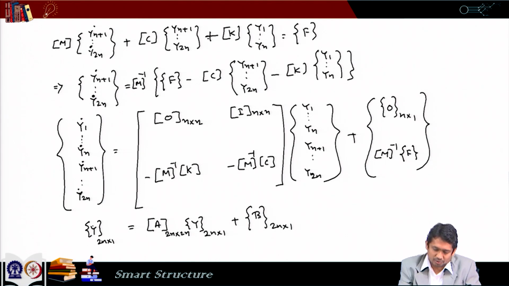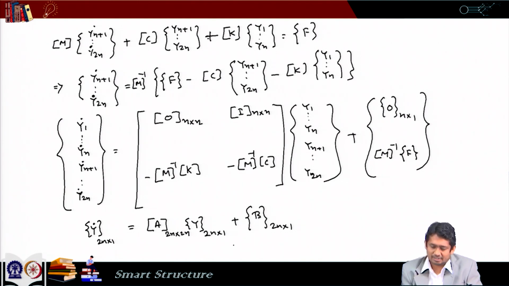So, this is a system of first order differential equations. So, we started with a system of second order differential equations, but the system size was n, there were n equations. After conversion we are getting a system of first order differential equations, but the size has doubled.